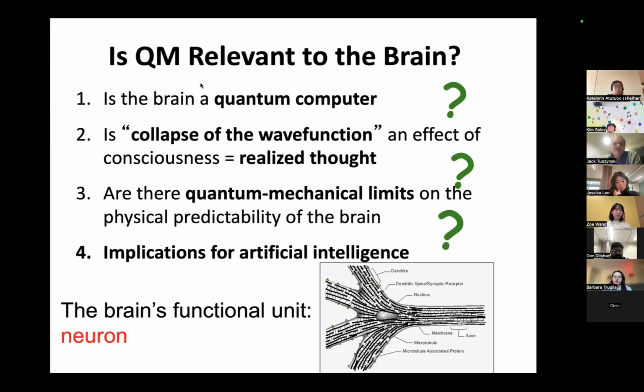So these are the questions. And by the way, one of the possible answers to how it can be done with such low power demand is that if the brain operates as a quantum computer, then information processing is much cheaper when you do it in a quantum way.